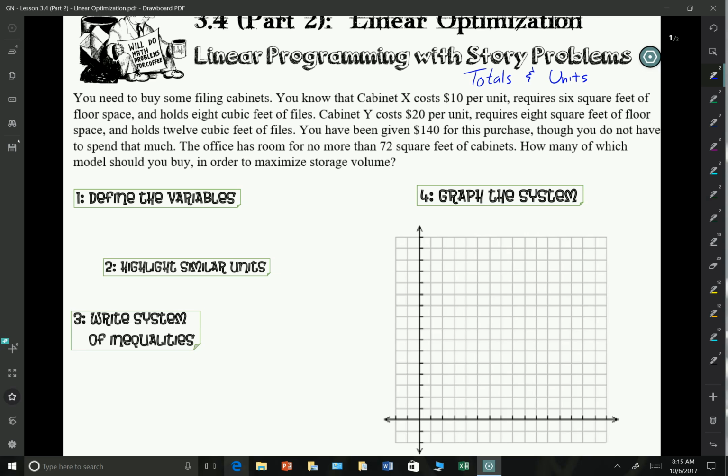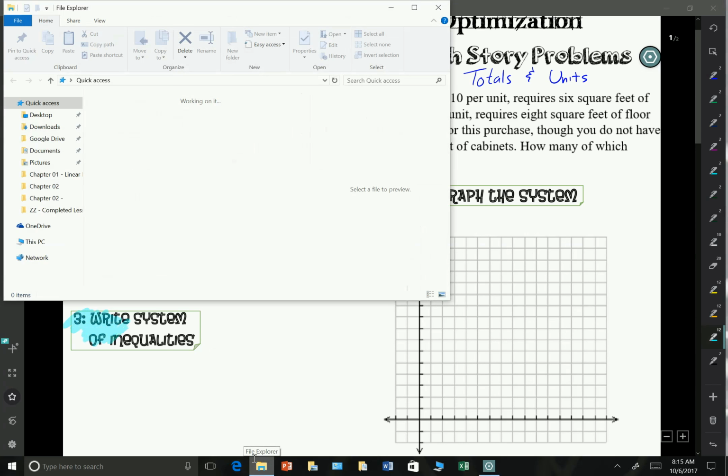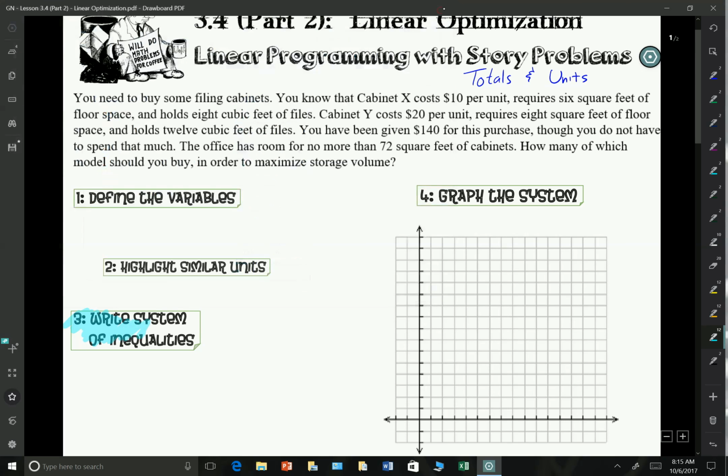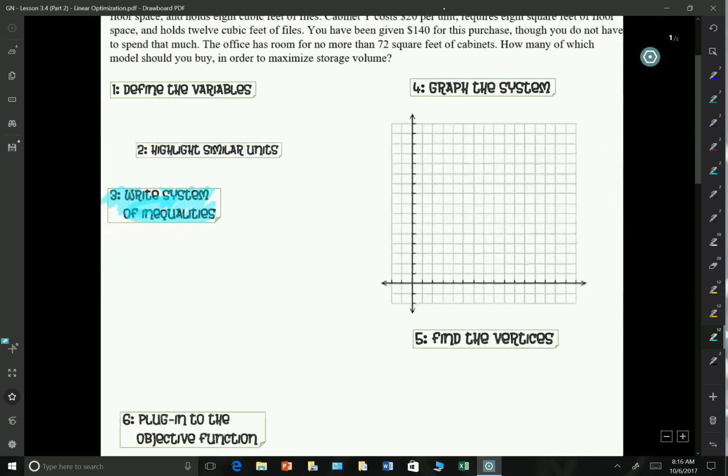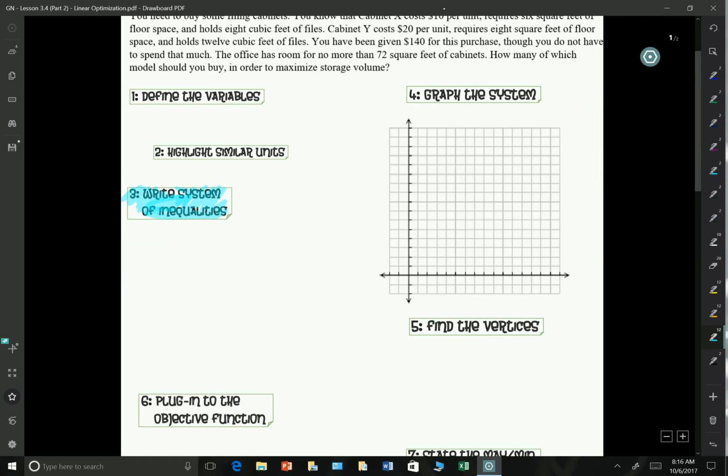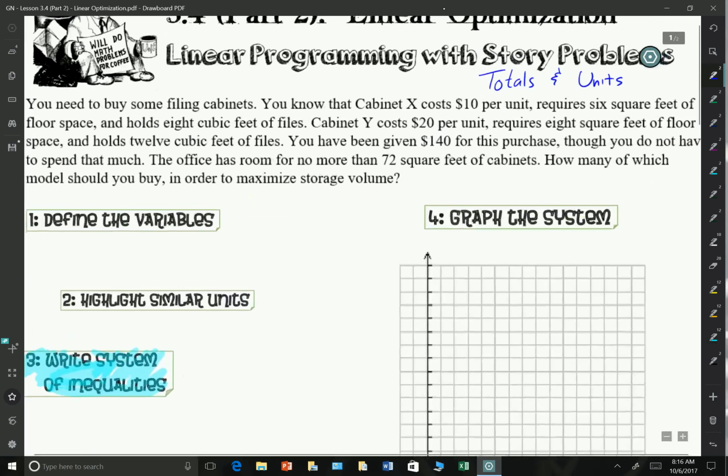But once we get to this step, once we get to write a system of inequalities for us, it's no different than part one. You graph the system, you find the vertices, you plug it in, function, max and min. The only thing that we're figuring out today is how do we create the system from a story problem.